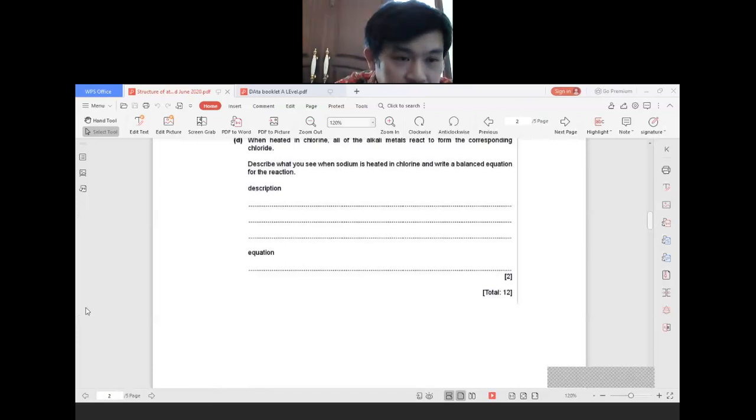The changes. We have to write the changes. Sodium metal is very reactive. It will explode.